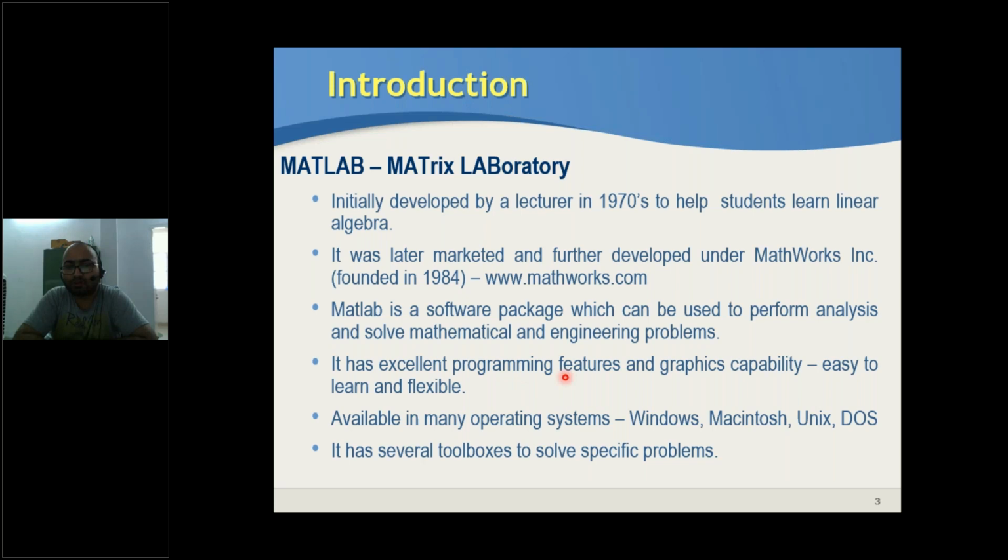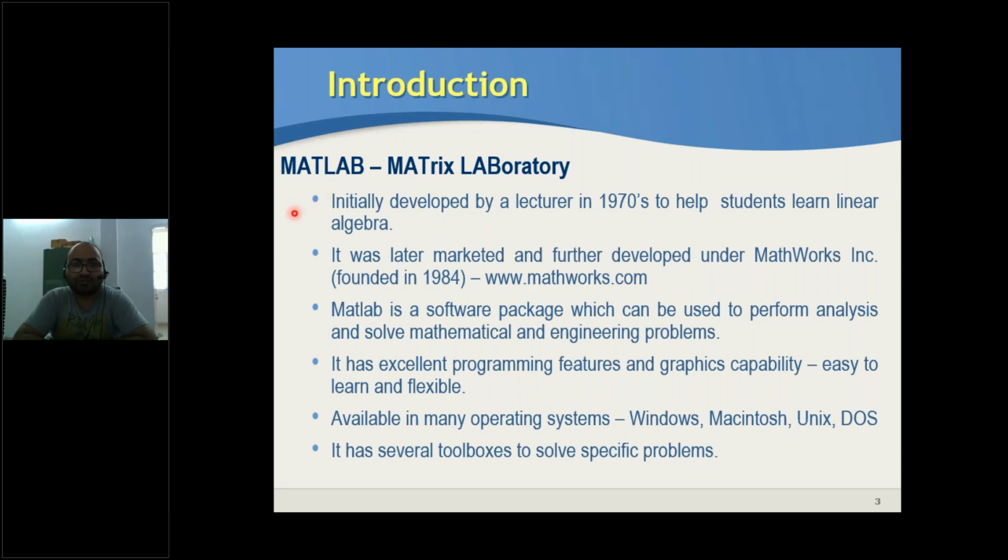It has excellent programming features and graphics capability, easy to learn and flexible. Available in many operating systems like Windows, Macintosh, Unix, DOS. It has several toolboxes to solve specific problems. Because of these features, MATLAB is very popular among industry.